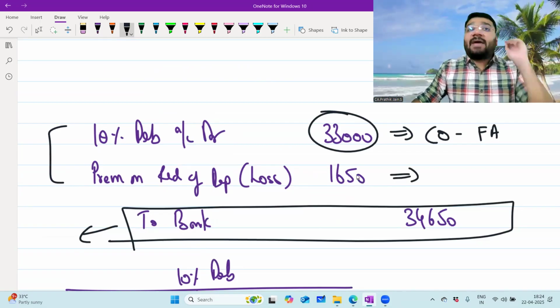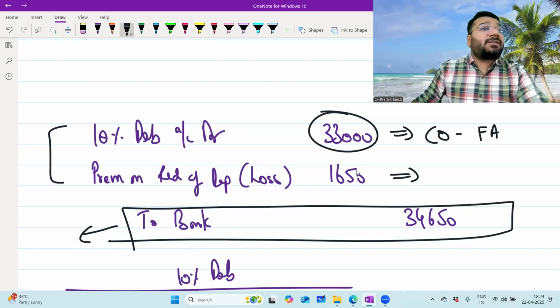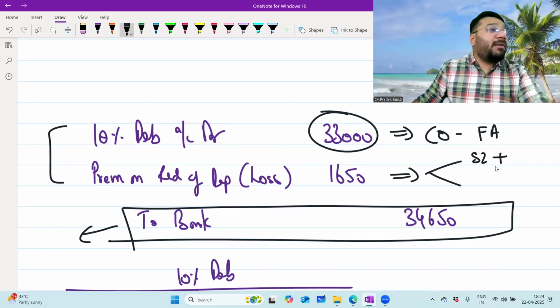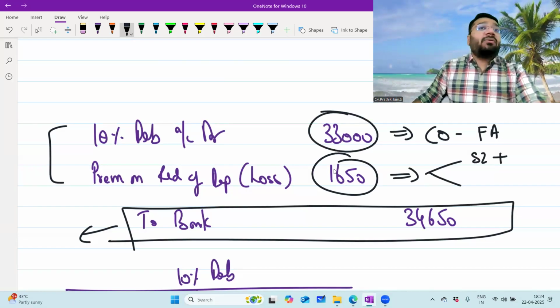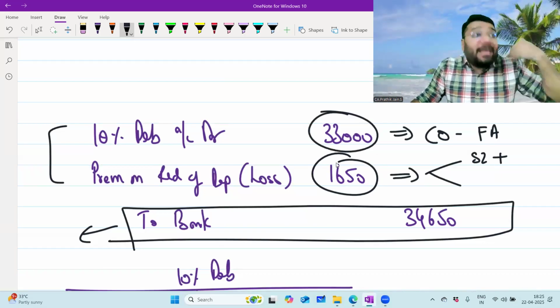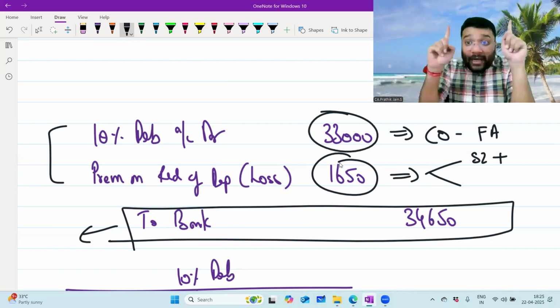Now 1650 is what? Loss. So this is a loss. Two parts will come here. In segment 2, I need to add back. See, 1650 is definitely a cash outflow. It's a loss. How am I making the extra payment? It's a cash outflow. Being a cash outflow item, I'm okay to have it as minus.